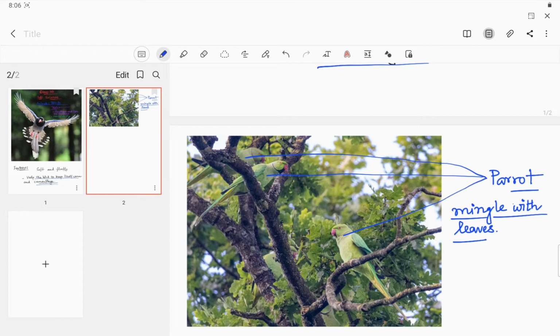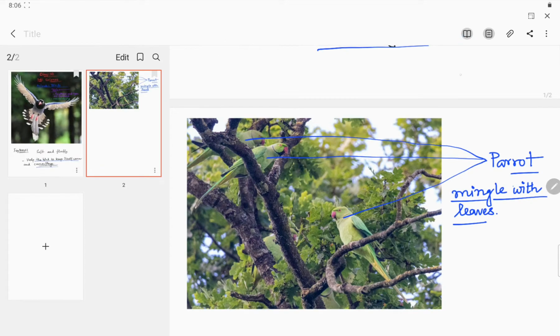So this is called mingling with the leaves, or camouflage, right? So these feathers help the bird to camouflage, right?